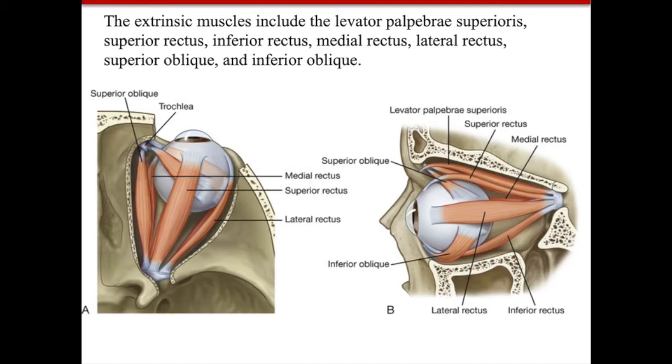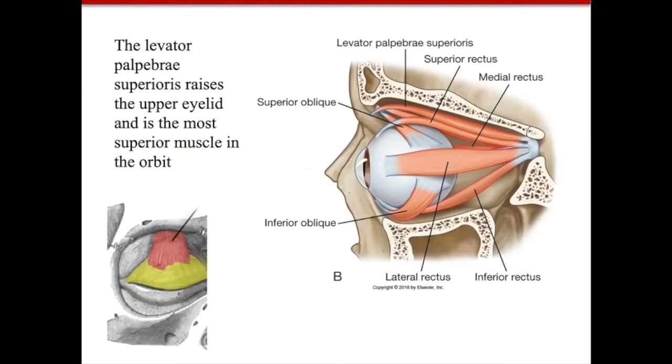And you also see a superior oblique. If you go back to the B picture, you'll see the superior oblique again from that perspective, and you also see the beginning of the inferior oblique. So pause here as you see fit, but perhaps it's best to continue and then come back to this picture.